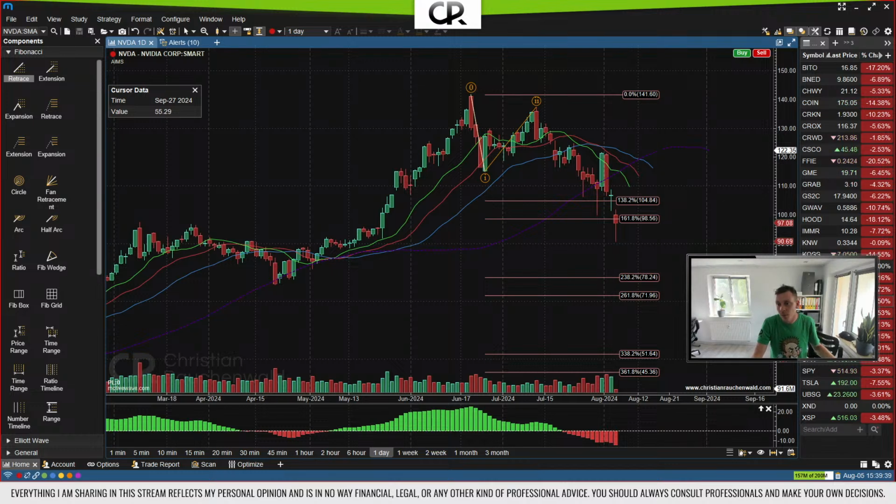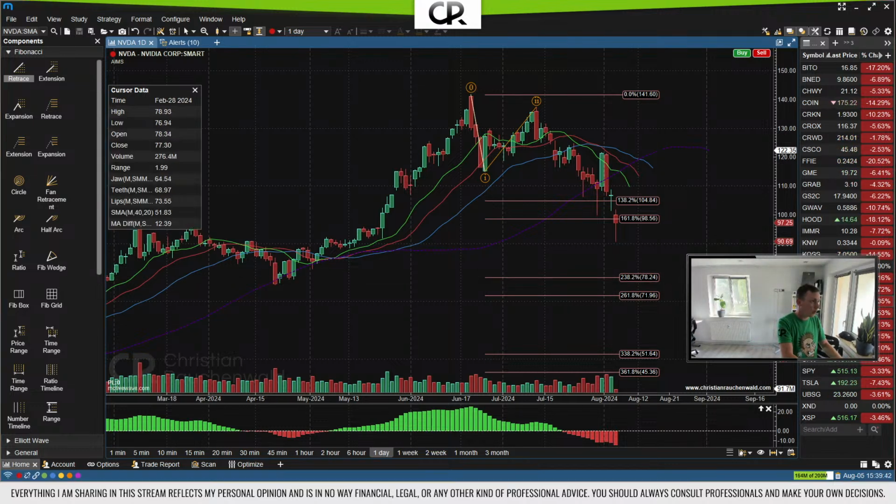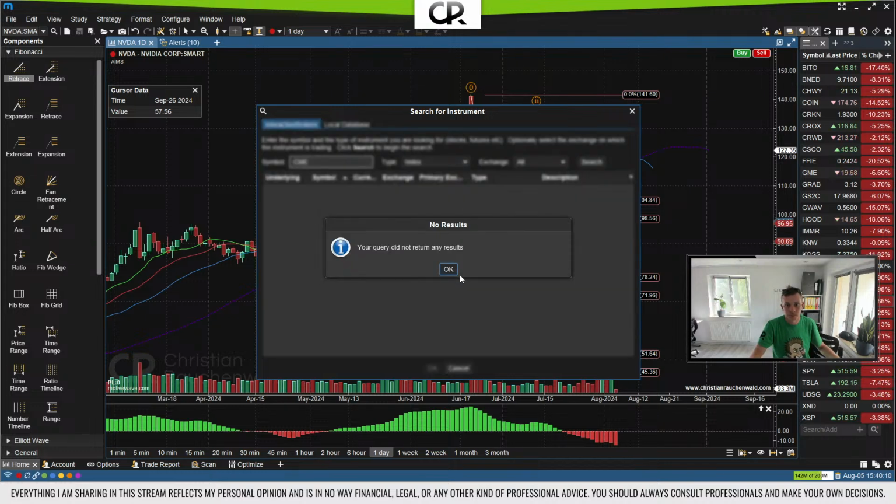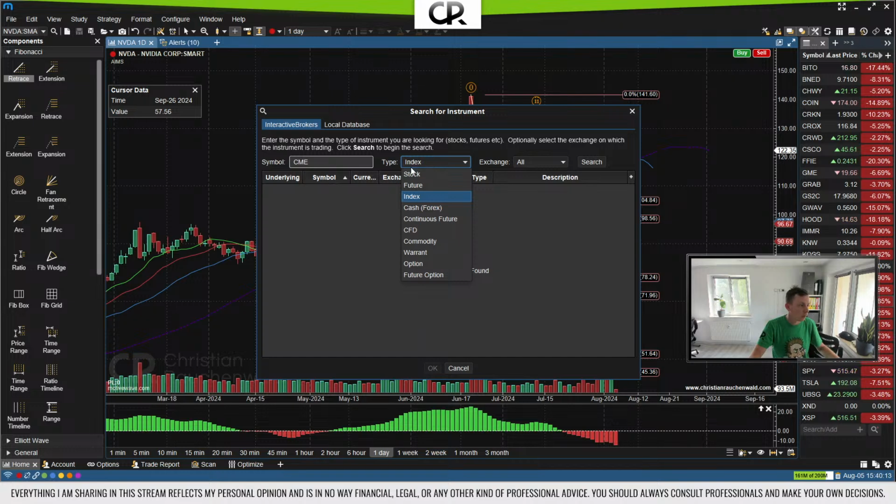Now, the same for the NASDAQ futures. I have to look real quick for the symbol at IBKR because we don't have it on the chart. Symbol guide, yeah. NASDAQ. CME, but CME would not show the futures. Wait, what? There is no symbol for that, never mind. So that would be the E-mini. That should be maybe as futures.